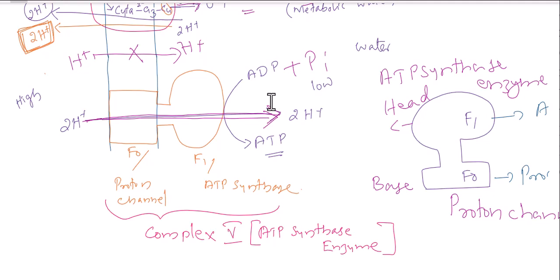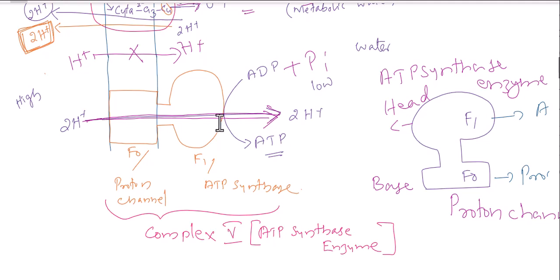So when the proton flow occurs, the ATP synthase enzyme gets activated. That leads to the formation of ATP. This F1 head piece becomes functional or activated whenever there is a flow of protons.